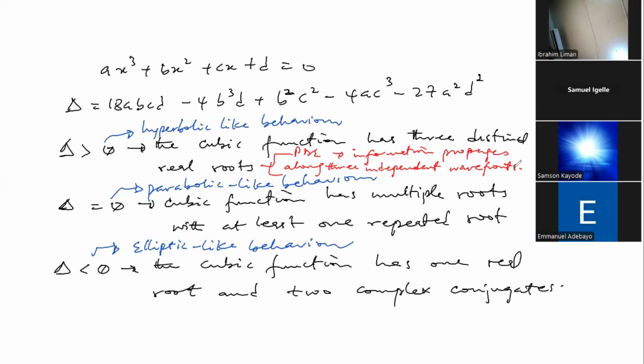And then we have the elliptic type, where we know that the characteristic equation has at least one real root and two complex conjugate roots. So interpretively, the partial differential equation does not have three independent real characteristic directions. So it means that the solutions behave more like the elliptic equation.